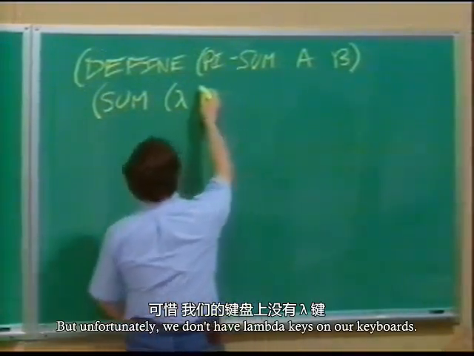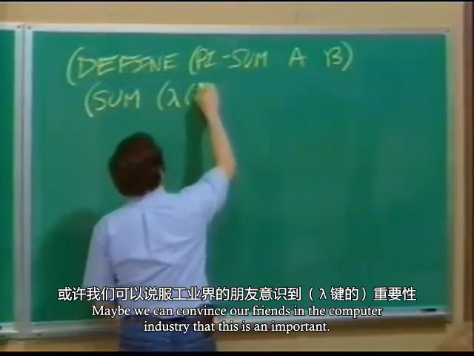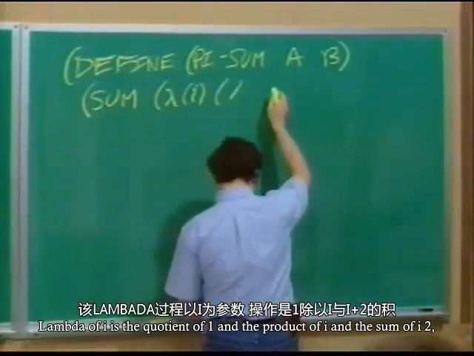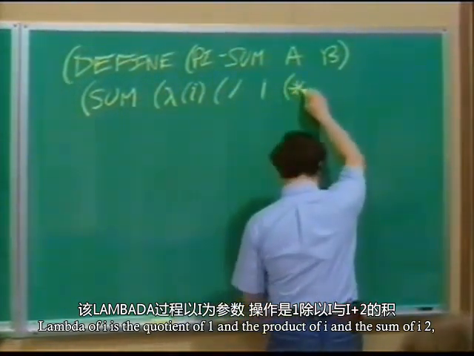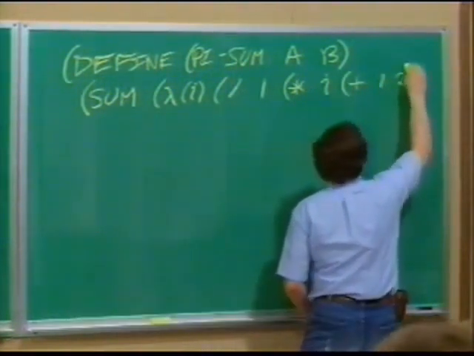But unfortunately, we don't have lambda keys on our keyboards. Maybe we can convince our friends in the computer industry that this is important. Lambda of I, it's the quotient of 1 and the product of I and the sum of I and 2.